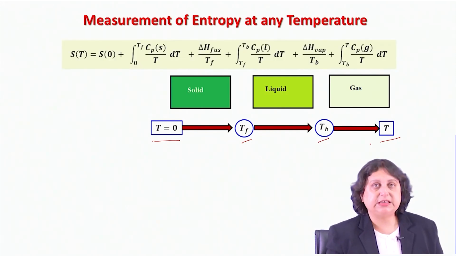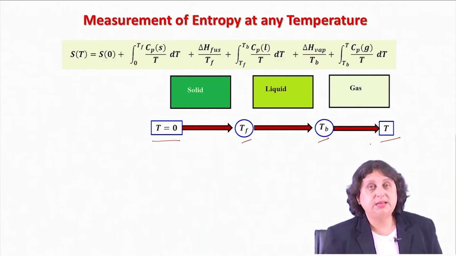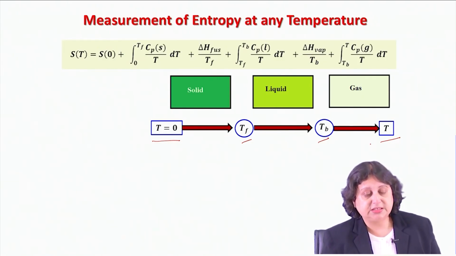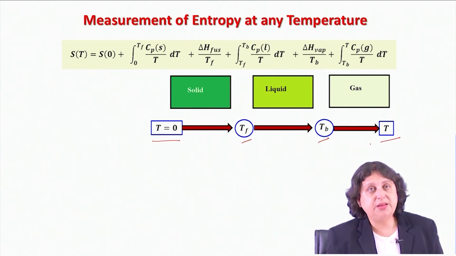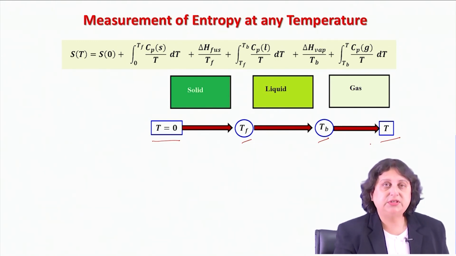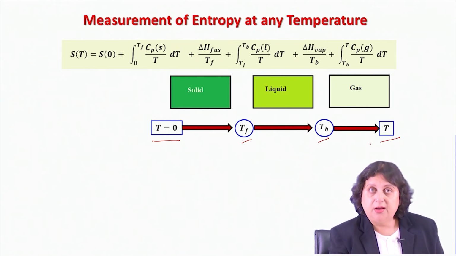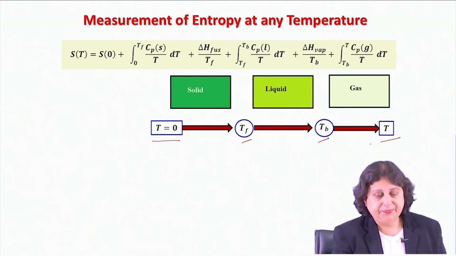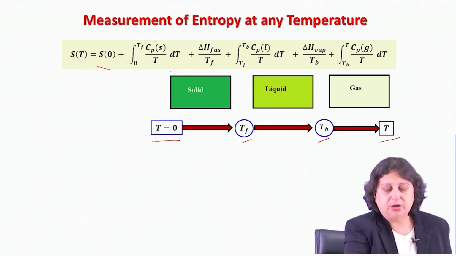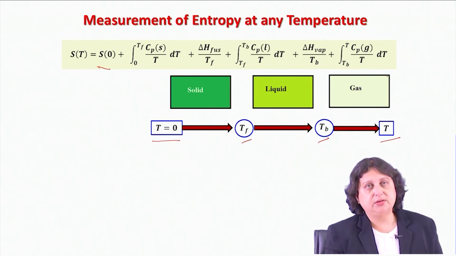For this process, one can very easily write down this expression where S of T minus S of 0 gives you the change in entropy of the entire process. Therefore, what is the entropy of the system at a temperature T? That must be S of 0 plus whatever change it has undergone.